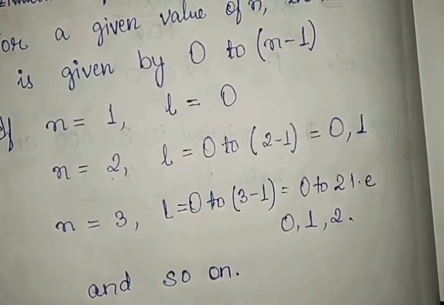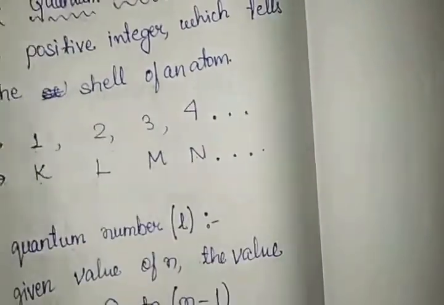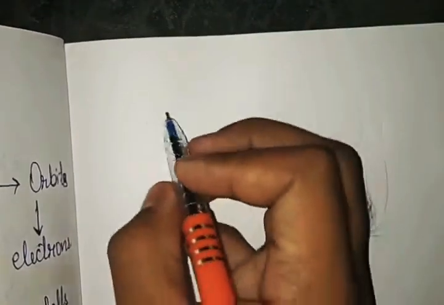Now, what are the representations of these subshells? How are they denoted or designated? I'll be showing you that now.